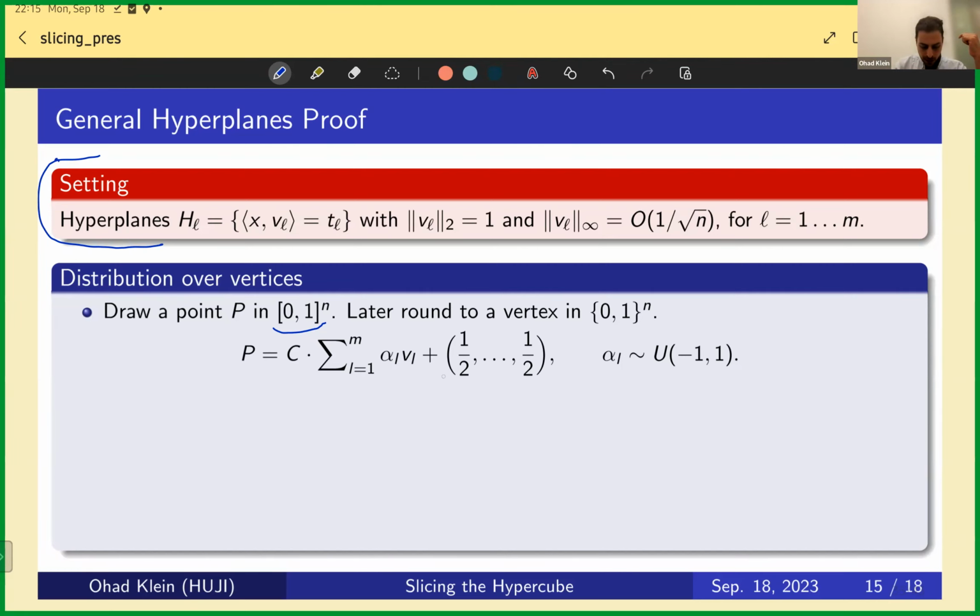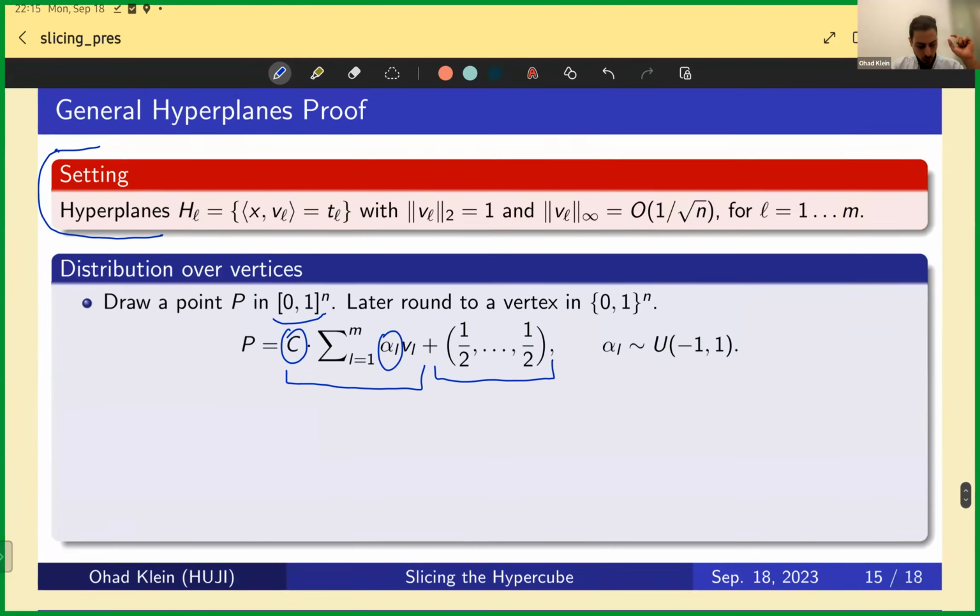So we take our point P to be around the middle of the cube, and around this middle of the cube we just choose P to be a random sum of the normal vectors V with random coefficients which are uniformly distributed inside some interval, and we also scale this drift from the middle of the hypercube using this scaling C that we will specify in a moment.